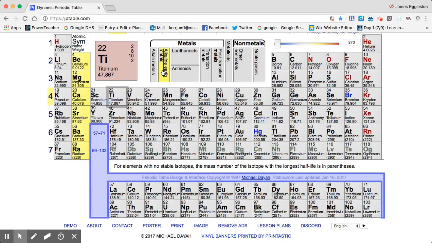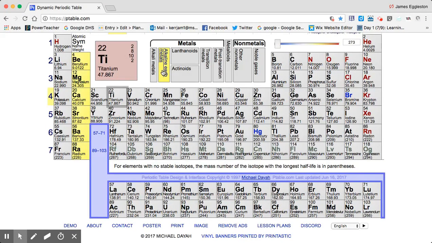Now, the way this table is designed, we want to keep it on one page. So if you look at 57 through 71 and 89 through 103, we have what are called the lanthanoids and the actinoids.